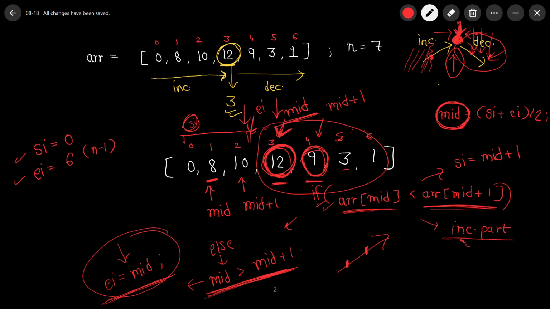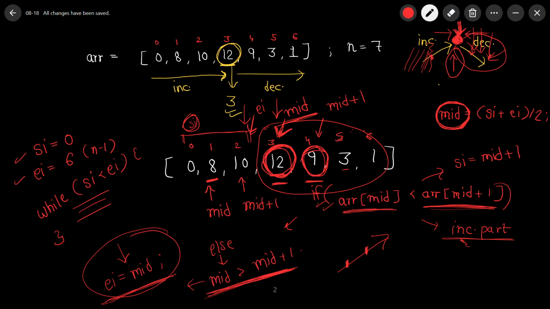So I hope this is clear. This was the entire crux of the problem. And as you know, in the outer condition, we put something like this, so our loop runs until this condition holds true.